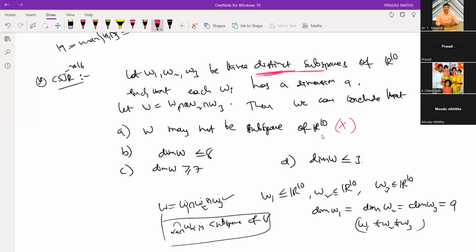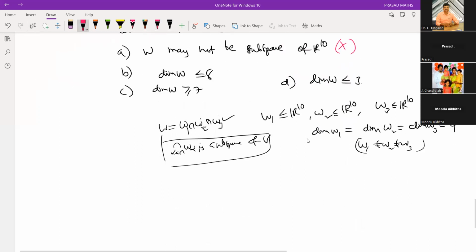Now look at the second option. Dimension of W less than or equal to 8. You need to find an upper bound for W. W is W1 intersection W2 intersection W3. But W1 intersection W2 intersection W3 is a subspace of W1 intersection W2.